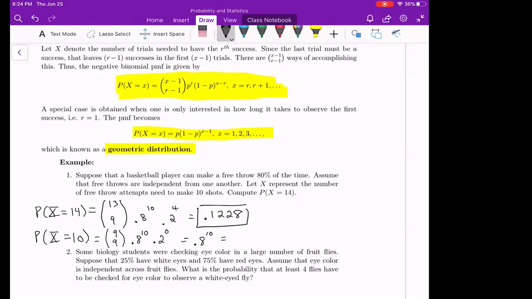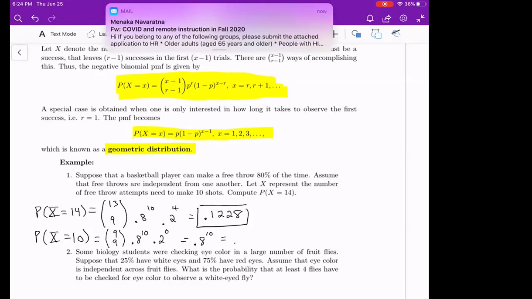So 9 choose 9 is the coefficient up front, the combination, which works out to be 1. You make 10 successes, so that's 0.8 to the 10, and you don't miss any, so that's 0.2 to the 0, which just simplifies to 0.8 to the 10, which is 0.1074.